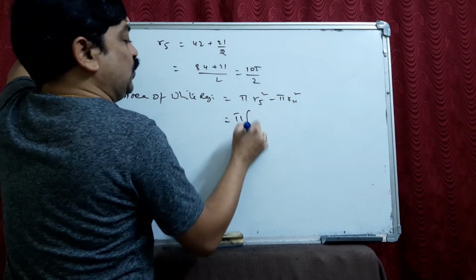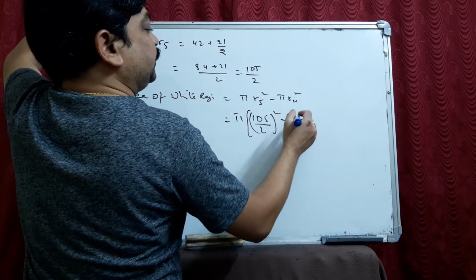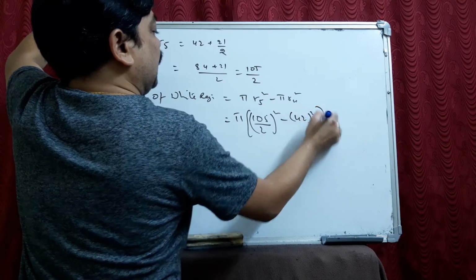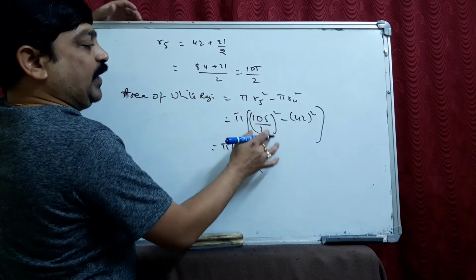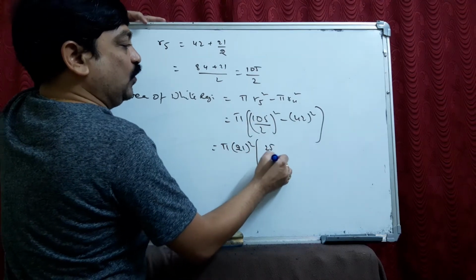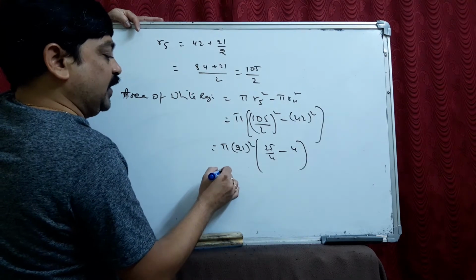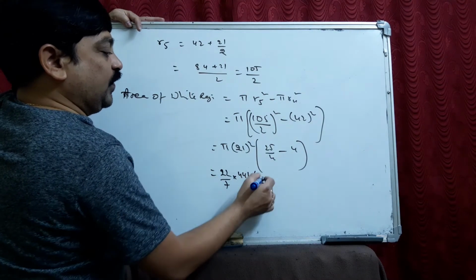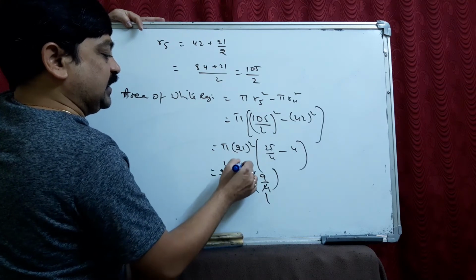It becomes pi into 105 by 2 whole square minus R4 square, which is 42 square. So pi, take 21 square common again. It becomes 5 by 2 whole square, 25 by 4, minus 2 square, 4. So it becomes 22 by 7, 441, 25 minus 16, 9 by 4. 2 2s, 2 11s, 7 63s.